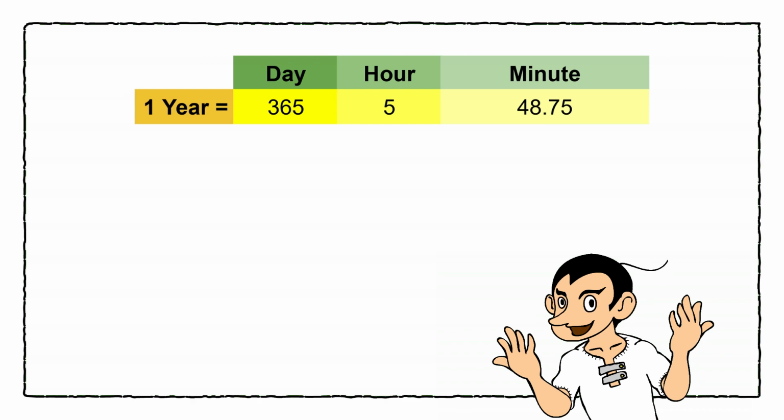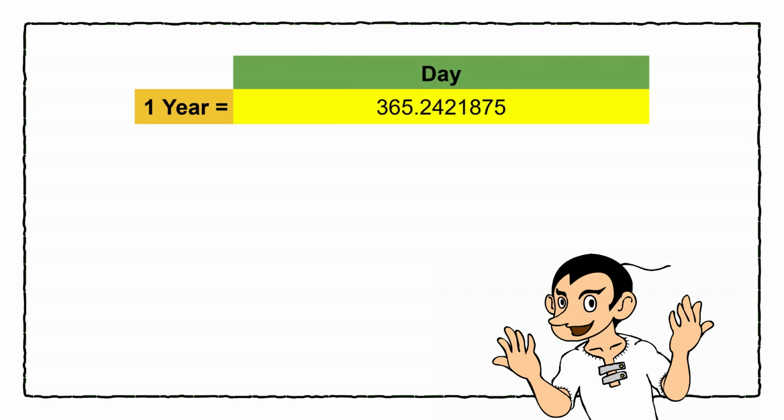Or it is equal to 365.2421875 days. Looking at this decimal fraction number, we round it down to 365 days for 1 year by taking out the 0.2421875 day every year. Hence, we get 1 year equals 365 days.